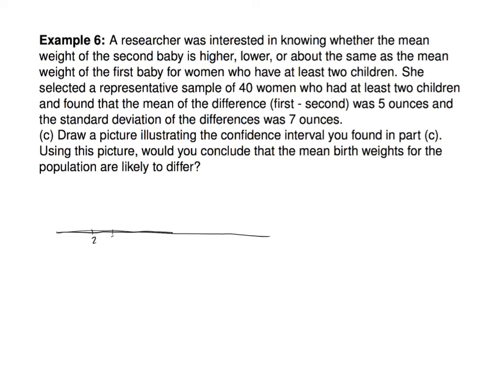So we have 2, 3, 4, 5, 6, 7. And the confidence interval runs from a little bit above 3 to a little bit below 7. And there's our 90% confidence interval.